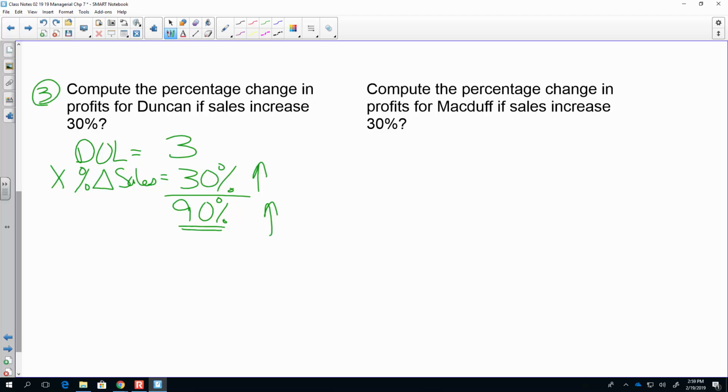Correct? 90% of what number? What was the income level before? 25,000 was their income before. That means their profits are going to go up 90% of 25,000, which is how much? 22,500. Rock on.